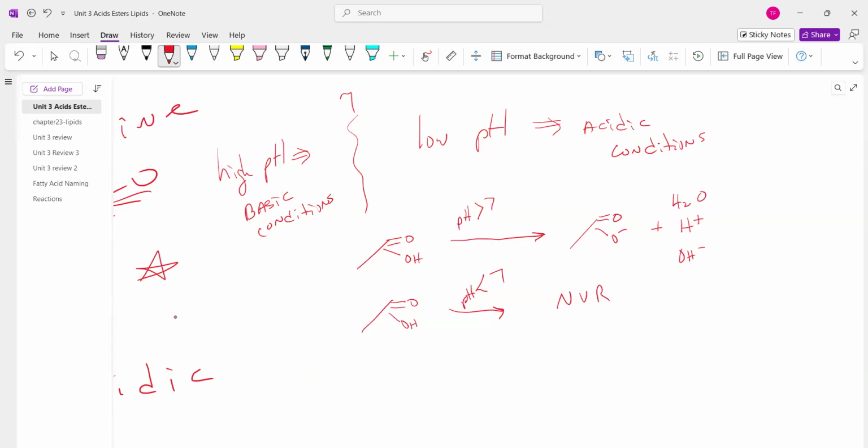Now we're going to find with bases in pH greater than 7, nothing happens. In pH less than 7, we're going to have a reaction. Oops, I got that opposite.